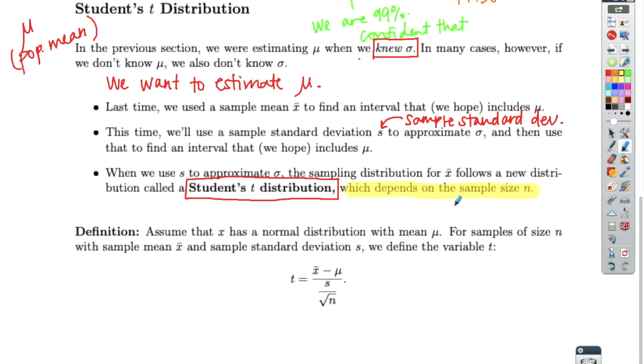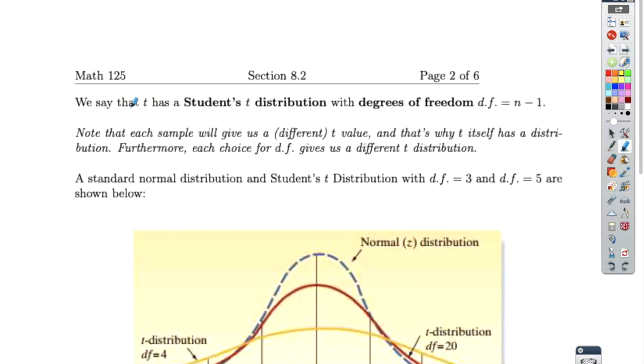Assume that you're starting with a normal distribution and you have a population mean. For sample sizes of n with a sample mean x bar and a sample standard deviation, we define our variable t using this formula. And then we also have one other little definition that goes with this, which is called the degrees of freedom.